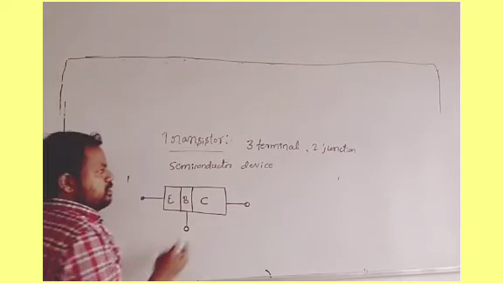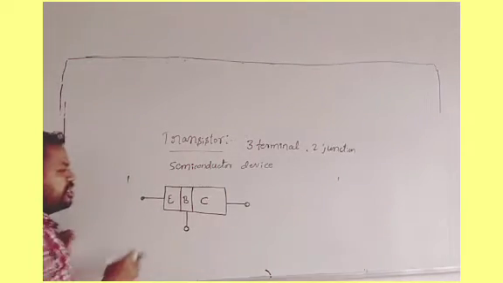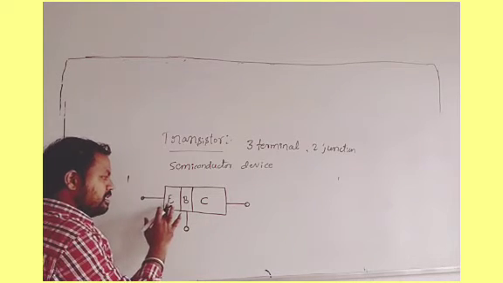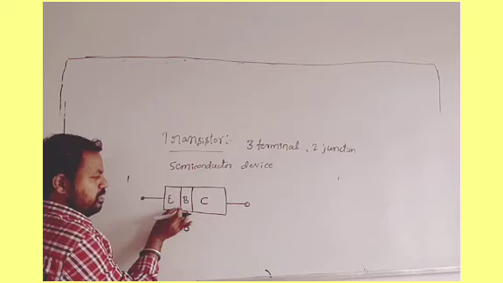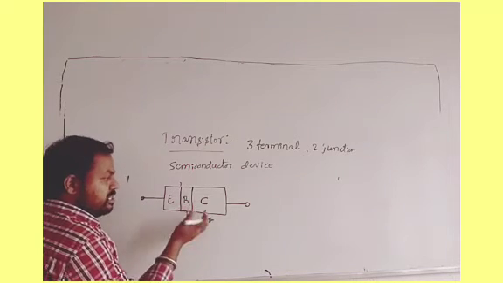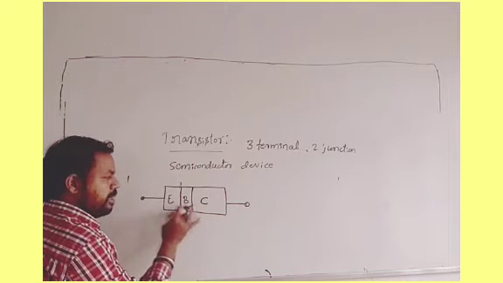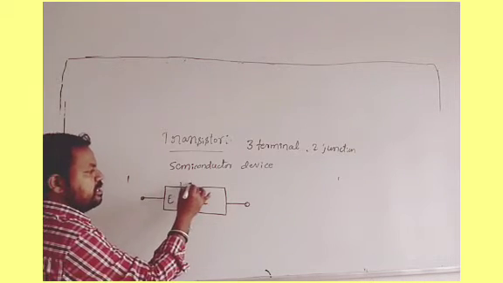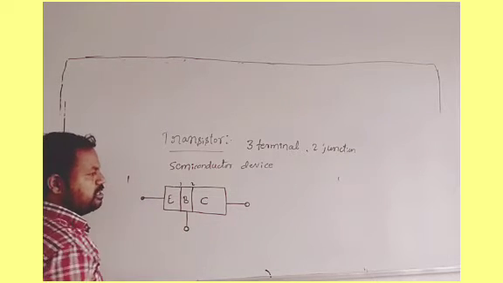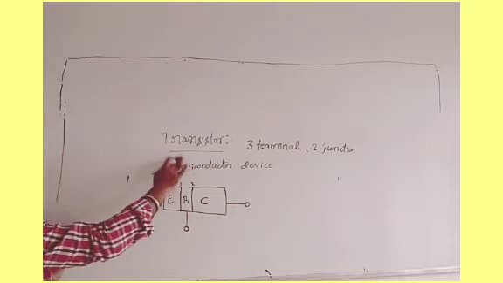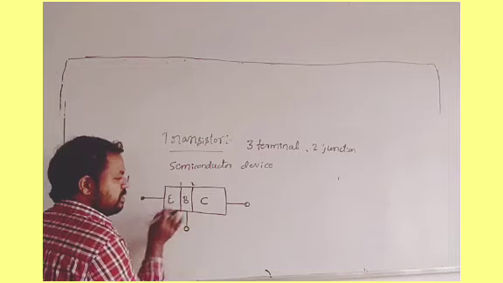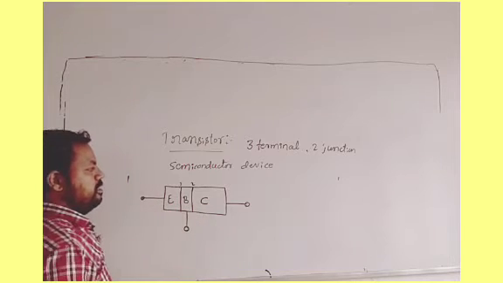Two junctions: a junction is formed between the emitter and base terminals. This is the first junction. Another junction is formed between the collector and base. First and second. These are the three terminals of the transistor, and the junctions are formed between the emitter-base and the collector-base terminals.